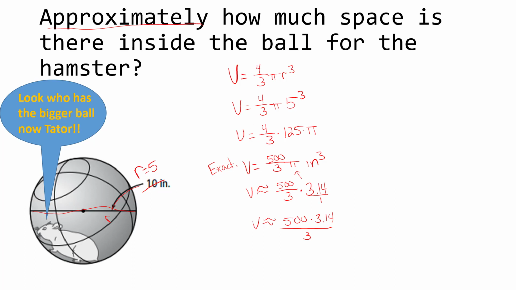So 500 times 3.14 is 1570 over 3. At this point, you can now divide by 3 and round your answer. So volume is approximately 523.3 repeating inches cubed.